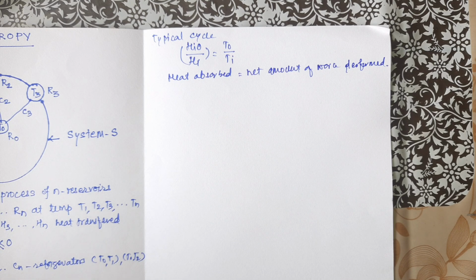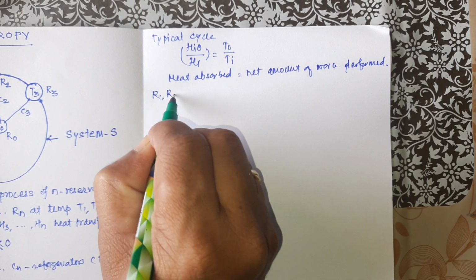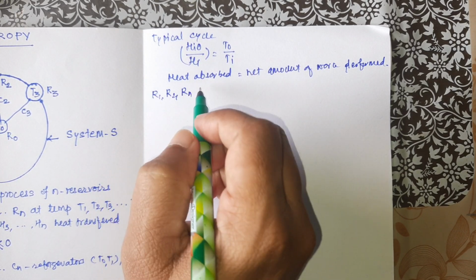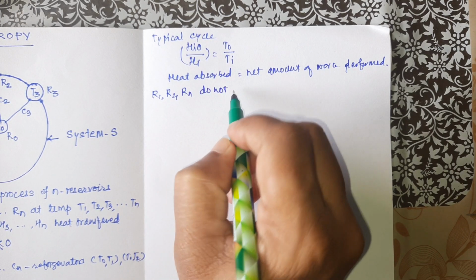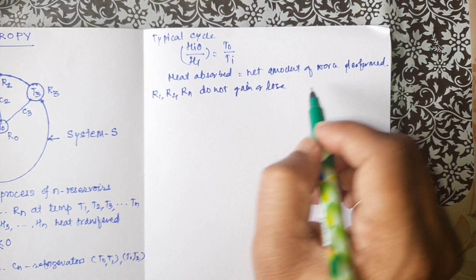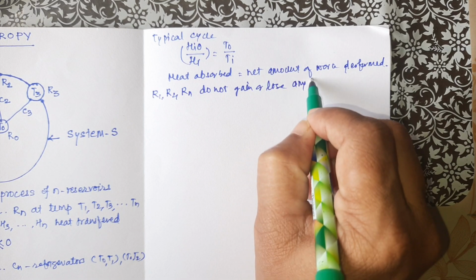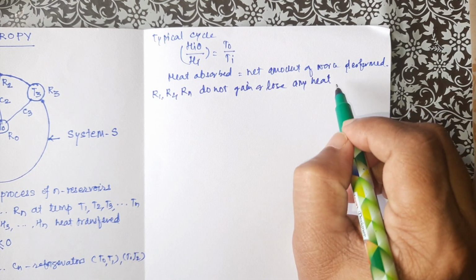So in our complex cycle mentioned above, the system S gets back to its initial thermodynamic state on completion of the cyclic process. Reservoirs R1, R2, Rn do not gain or lose any heat.